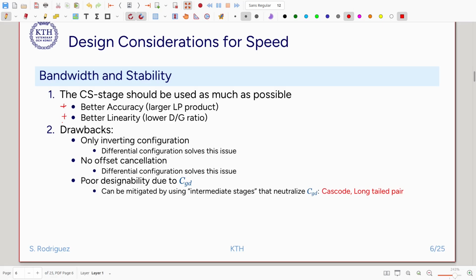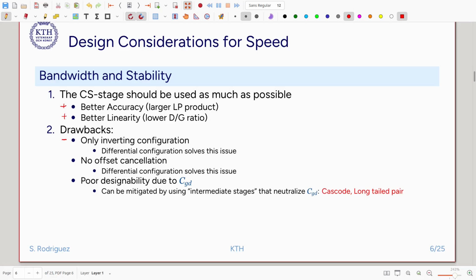However, there are some very important issues with the common source stage. One is that it is just an inverting configuration, so the input voltage gets inverted at the output, and sometimes we need to invert it again. The differential configuration solves this problem because we can select which output to take, positive or negative.